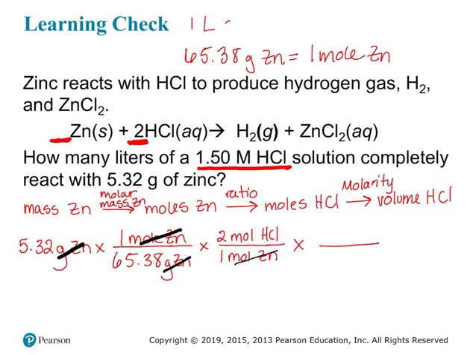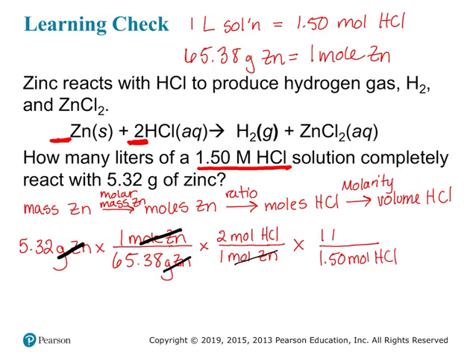So 1 liter of solution is equal to 1.5 moles of HCl. So do we want moles of HCl in the numerator or in the denominator of our conversion factor? The denominator, because we're trying to get rid of moles of HCl.